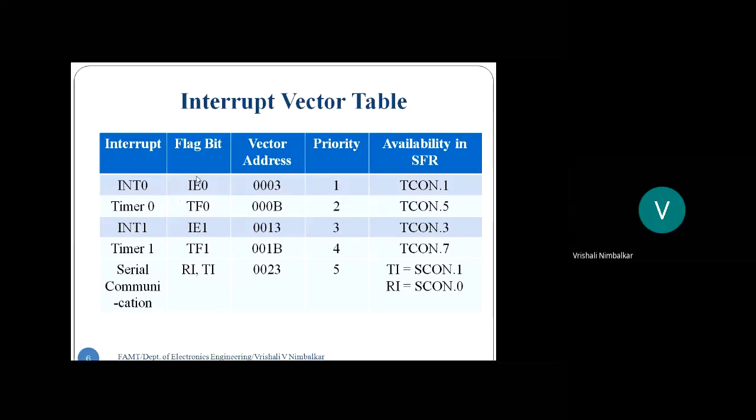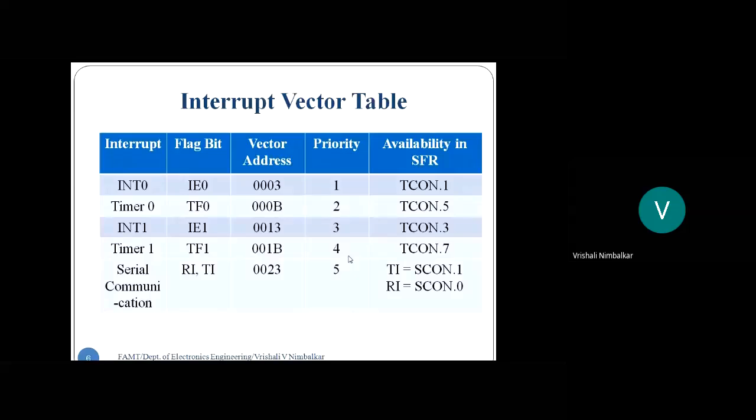Is that okay? So these flags give an indication. Whenever these flags are set, it means that the corresponding interrupt has occurred, right? And they are available in the TCON register and SCON register. Fine. And the priority: int0 has the highest priority and the sequence follows int0, timer 0, int1, timer 1 and serial communication. So serial communication has the lowest priority.